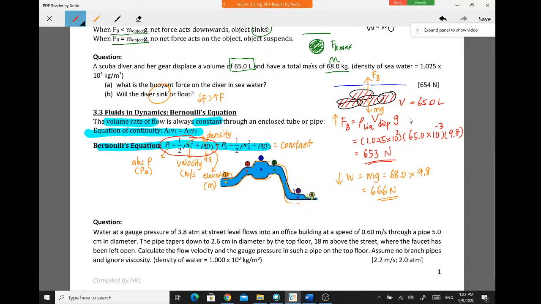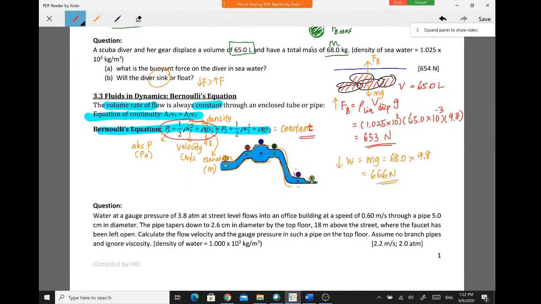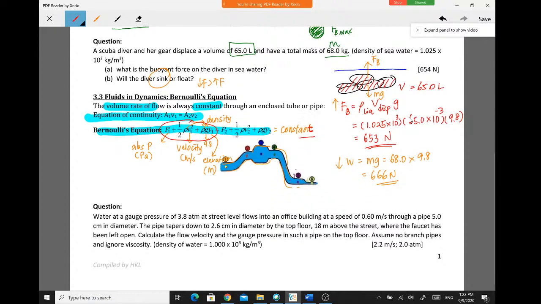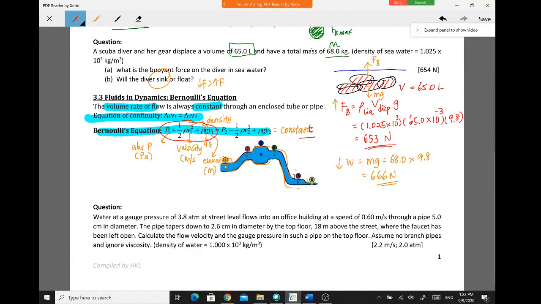So this is what is meant by the Bernoulli equation. Any question about the principle?